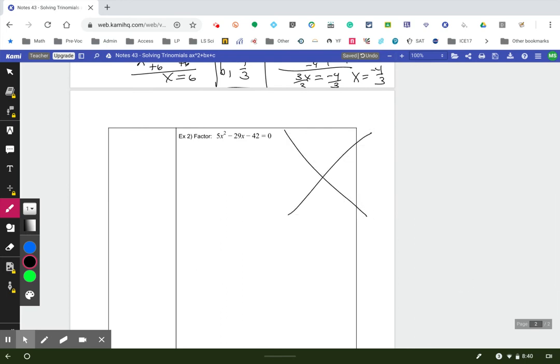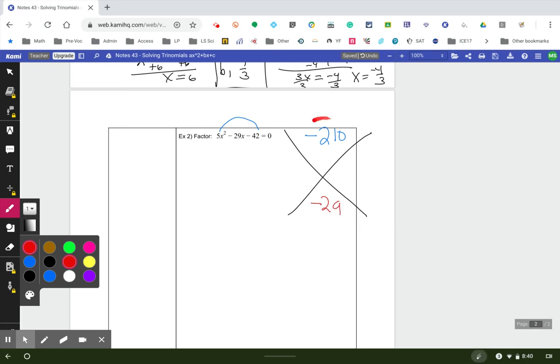So again, to get that top number, you're going to multiply the first times the last term, and you're going to get negative 210. Bottom is negative 29. You'll notice that 210 isn't on your factor chart.